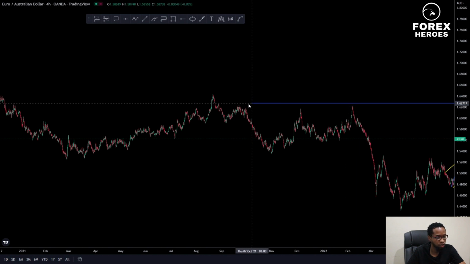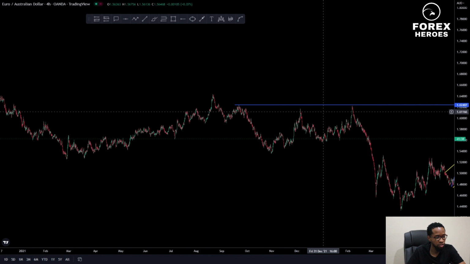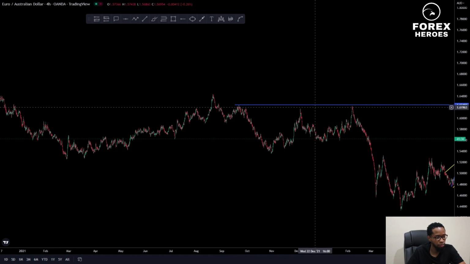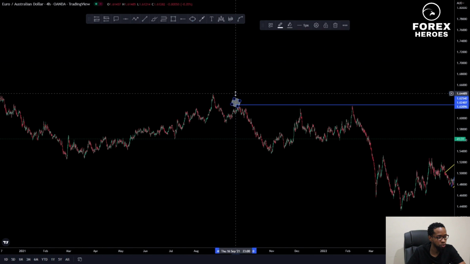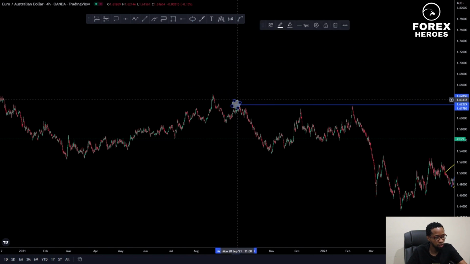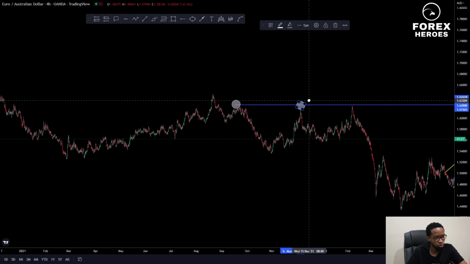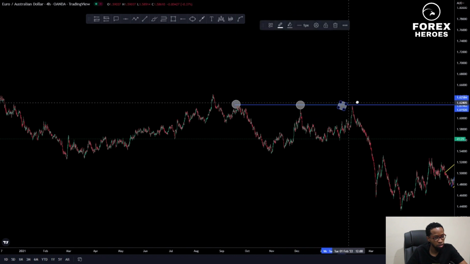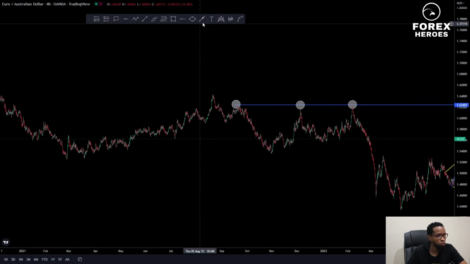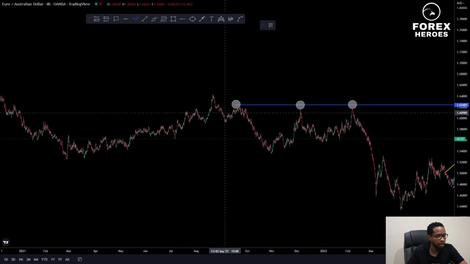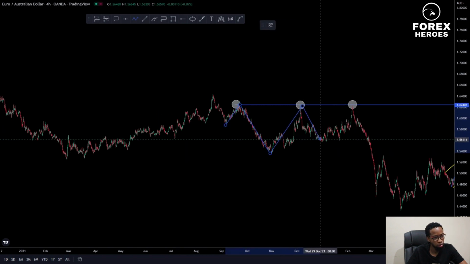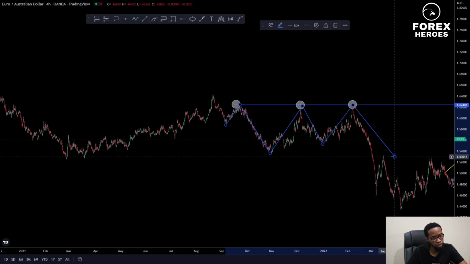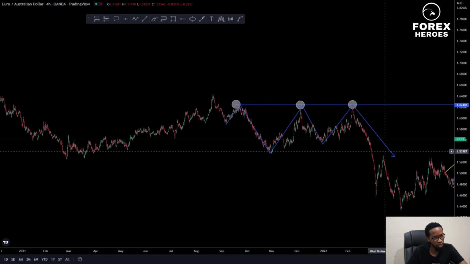Okay, this one, what do you see here? We have a triple top. Why a triple top? We have this point, 1, 2, 3. So we knew that we are touching this point, 1, 2, 3. So we expect to push to the downside.